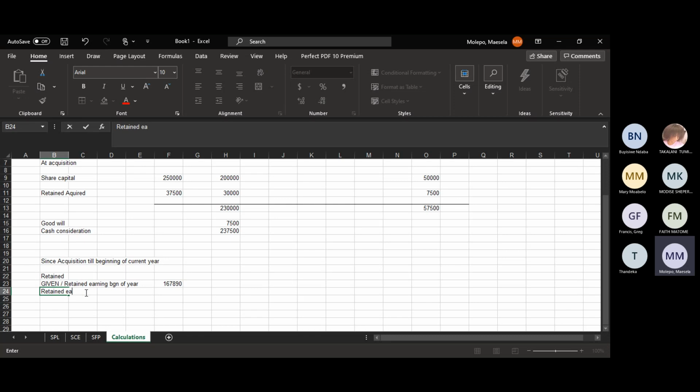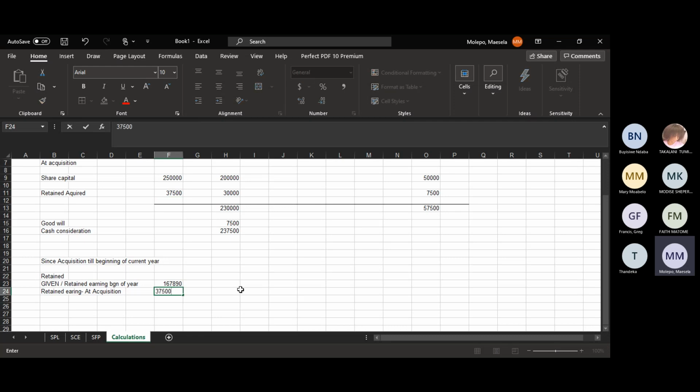Then we have the retained earnings at acquisition, the one which must be subtracted. It is sitting on this one, it will be 37,500.